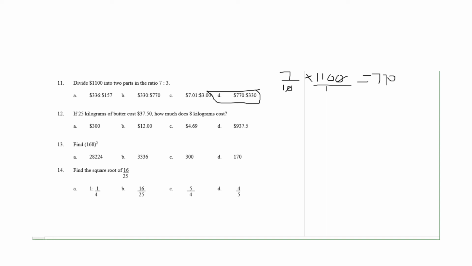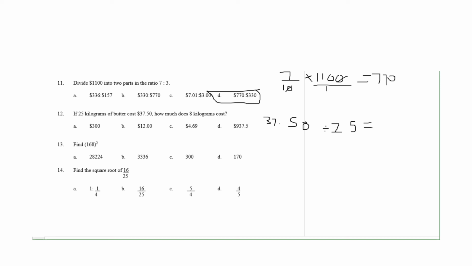Okay. If 25 kilograms of butter cost that, how much does 8 kilograms cost? So first we need to find the cost of 1 kilogram. So that would be 37.50 divided by 25, and that's to find the cost of 1 kilogram.